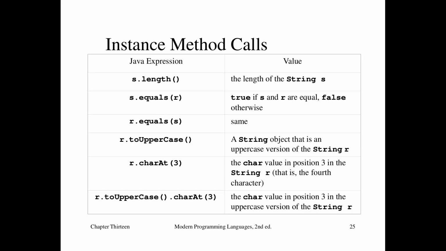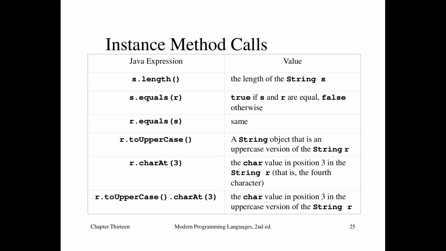So, instance method calls. Not all of these have different things going on. Basically, an instance method call is where we have some object reference variable like s in this case, which appears to be a string. We call an operation that's defined as an instance, or object-level, operation on that.